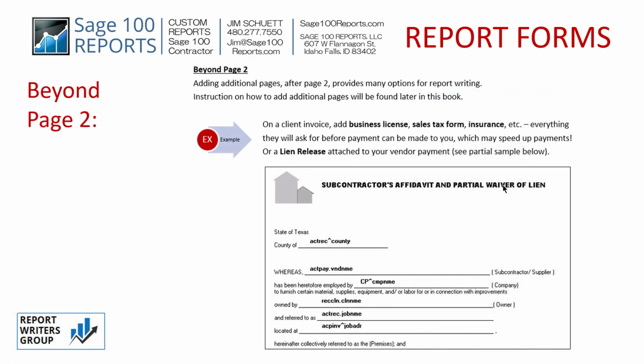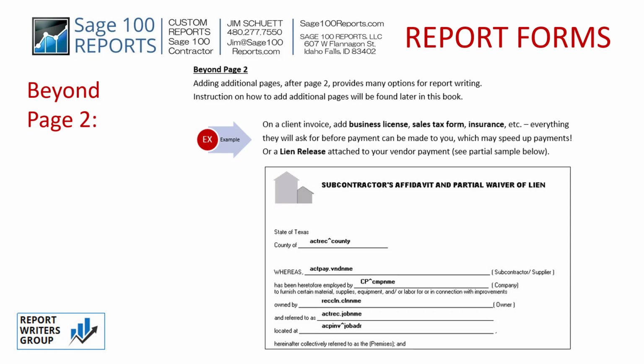Now, let's talk about what goes on beyond the report form in the sense of pages 1 and 2. Adding additional pages after page 2 provides many options for report writing. Instructions on how to add additional pages will be found later in the book that I wrote.